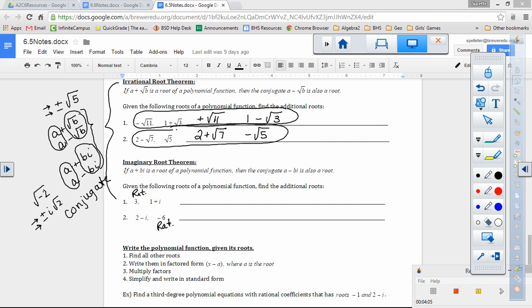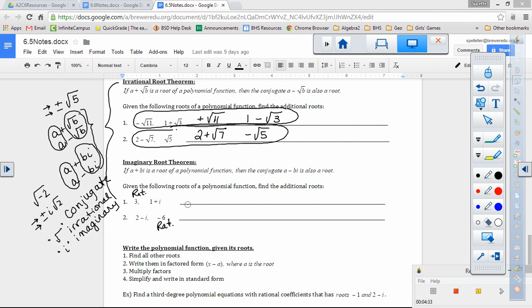You would not put down -3, and you would not put down +6. Those do not have conjugates. Please make sure that you note that conjugates are just for irrational, those are radicals, and for imaginary only, and so those are i's. That's really important. Conjugates do not apply to rational roots.